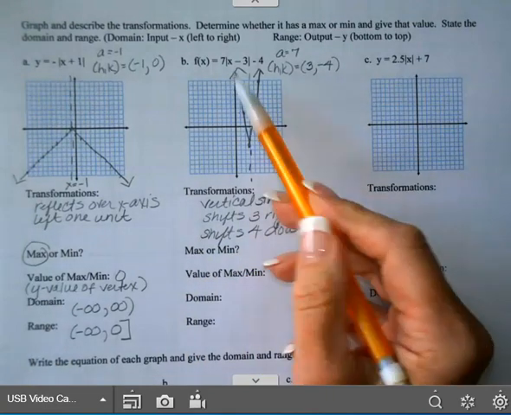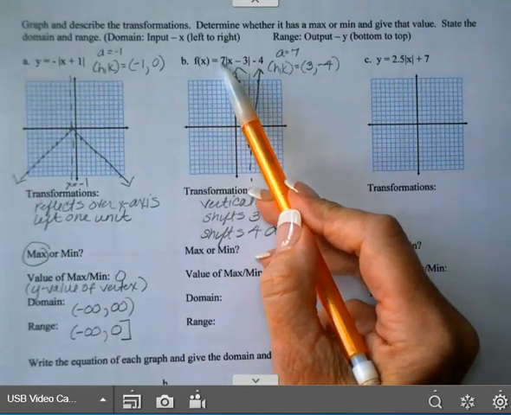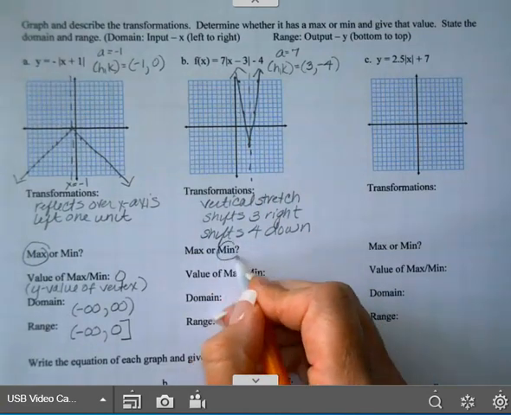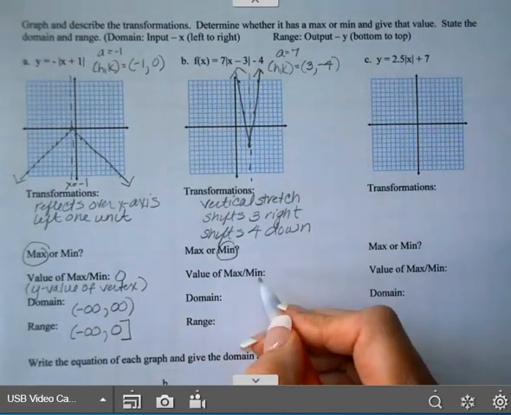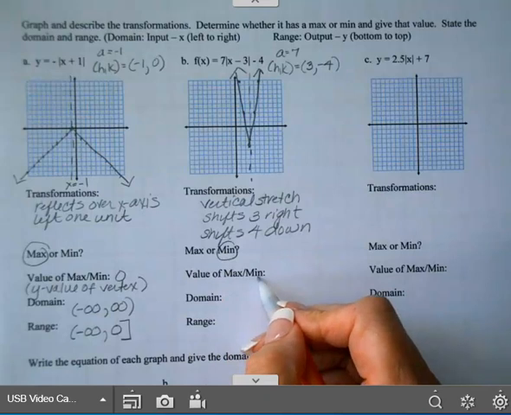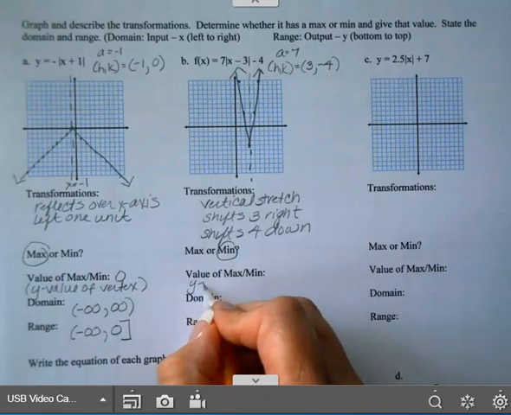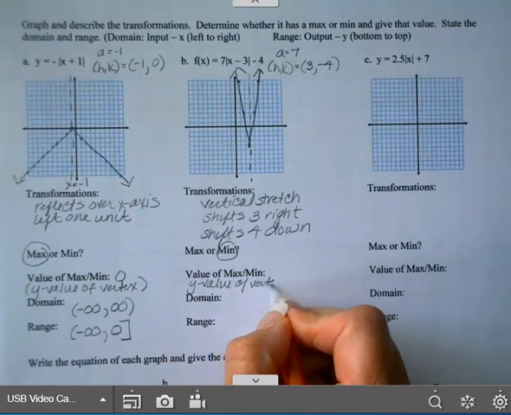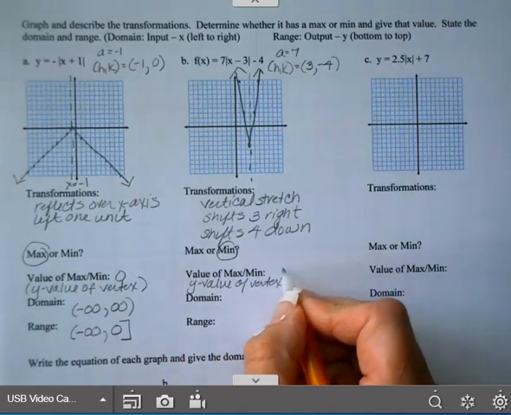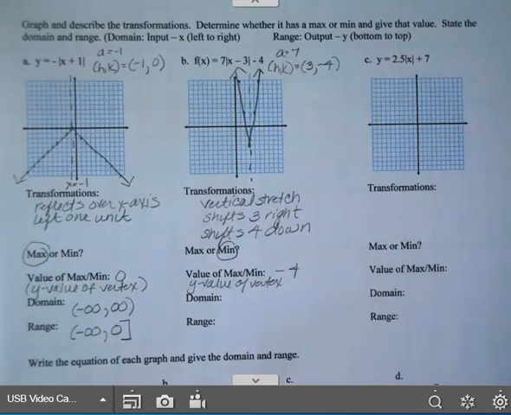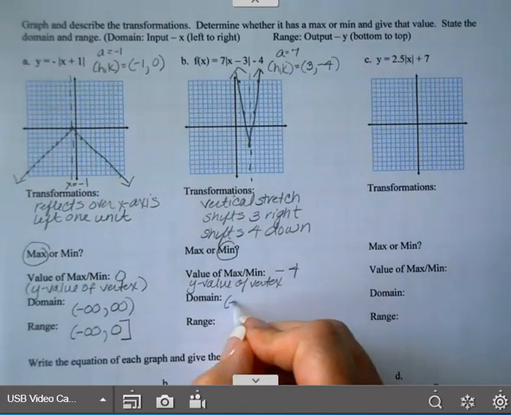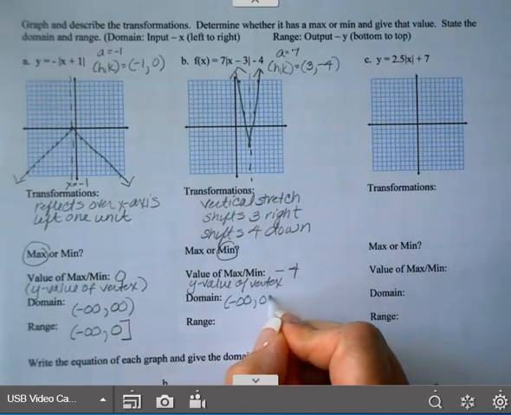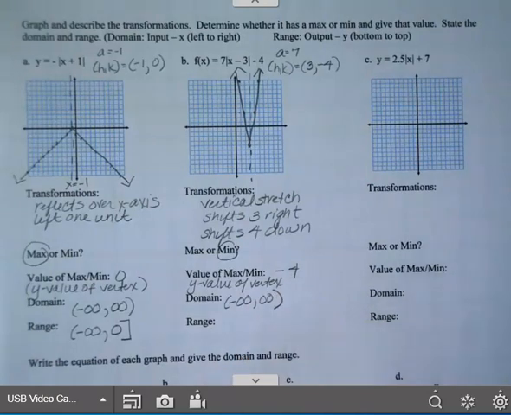I knew at the equation, since A was positive, that this one's going to have a minimum, but you could also look at the graph for that. The value of your minimum is the y value of the vertex, which is -4. Your domain's a freebie, -infinity to +infinity for the absolute values.